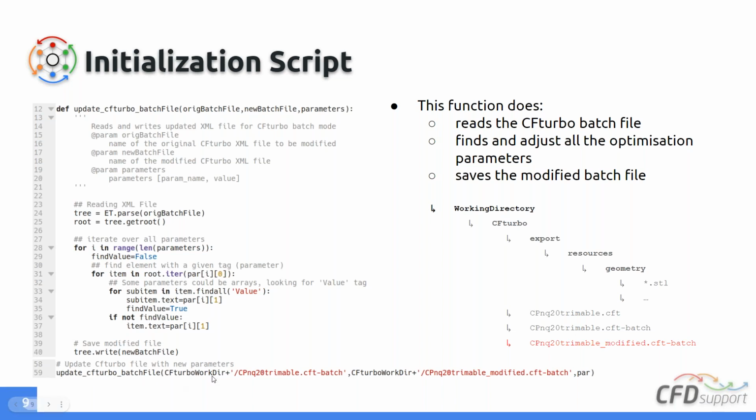Then this function is called in this way. We have the original file from the CFturbo working directory. It will create a new one with the underscore modified, and we will give this function the current parameters. So at the end, after executing this function, there will be a new file in our hierarchy which is called _modified.